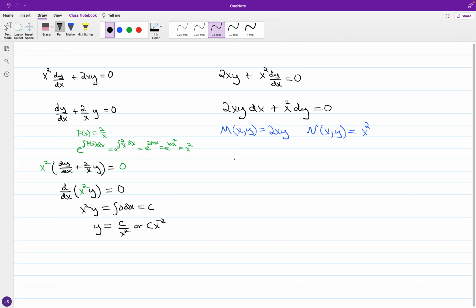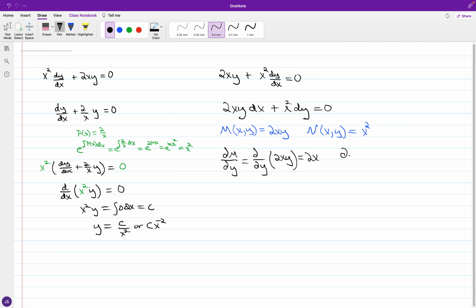And looking at taking the partial derivatives, for the partial derivative of m with respect to y, taking the partial derivative with respect to y of 2xy, this will go to 2x.